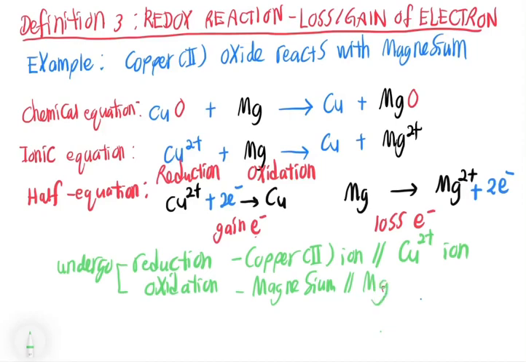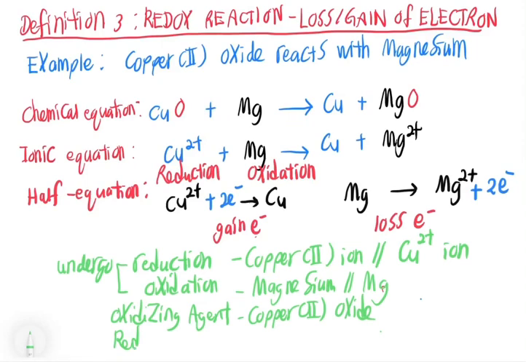So oxidizing agent, or substance that undergoes reduction, causes the other substance to undergo oxidation. It is copper-2 oxide. And the substance that acts as reducing agent, or undergoes oxidation and causes the other substance to undergo reduction, is magnesium.